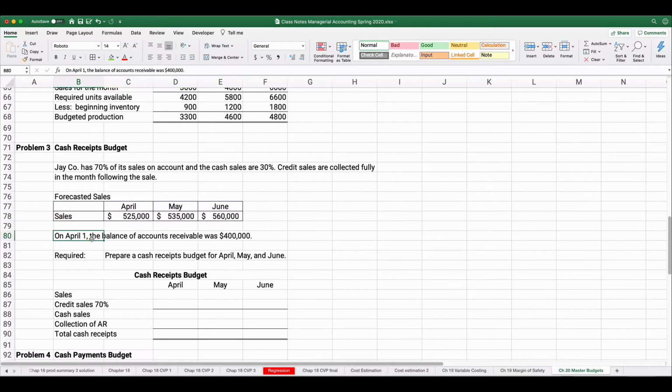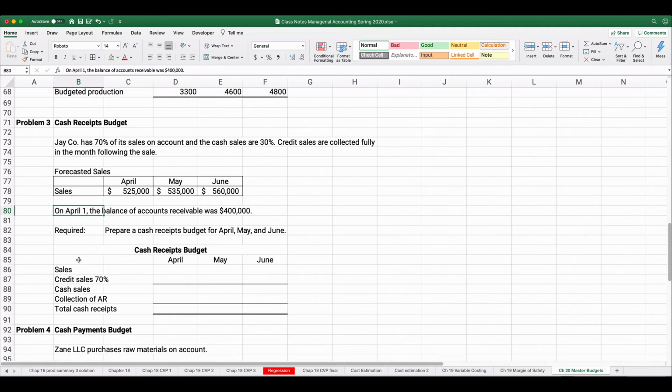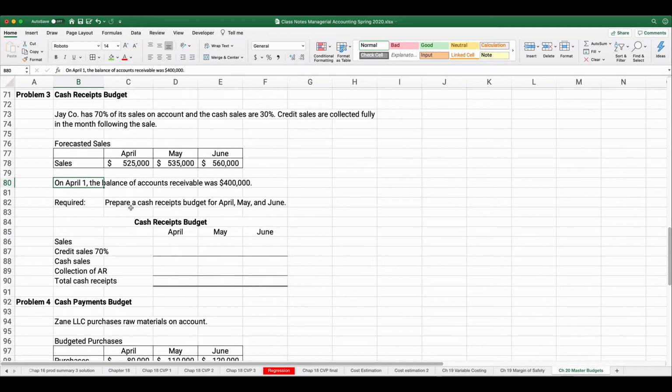The April 1 balance of accounts receivable was 400,000. That also could say the March 31st balance of accounts receivable was 400,000. Same, the ending from March is the beginning of April. So here we're given the beginning balance. So let's calculate a cash receipts budget for April, May, and June.